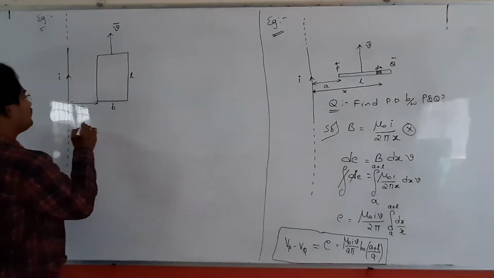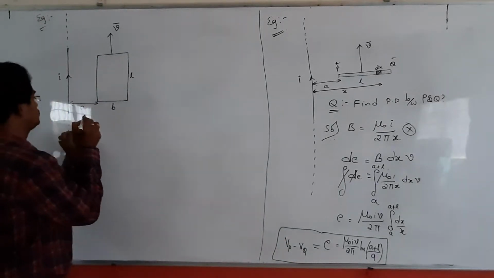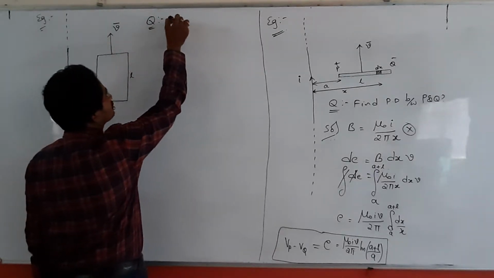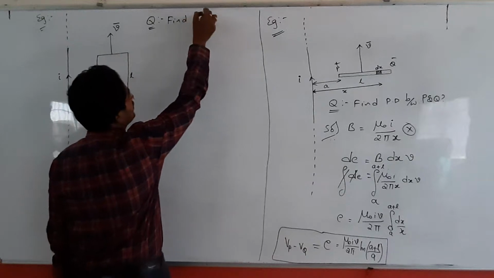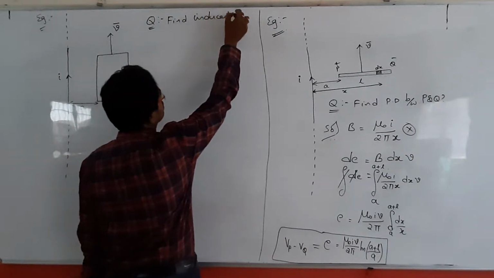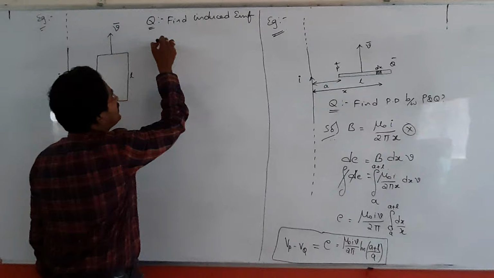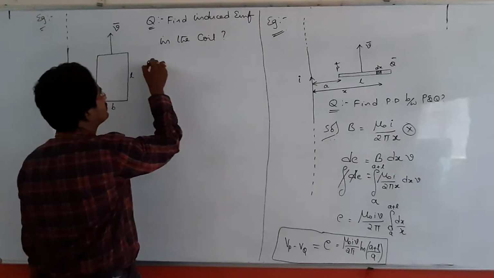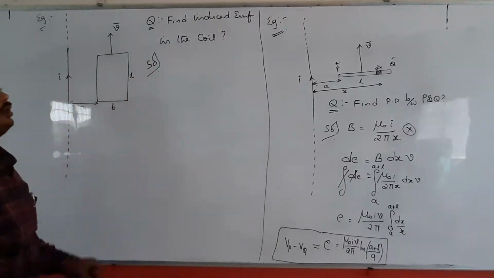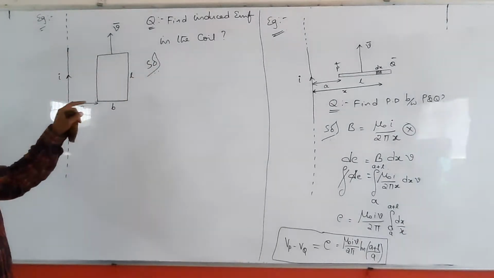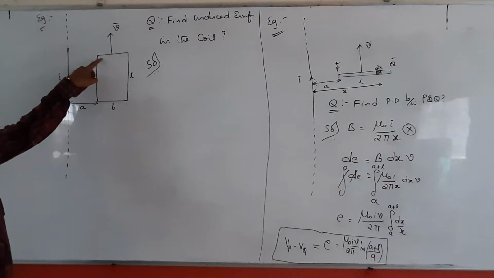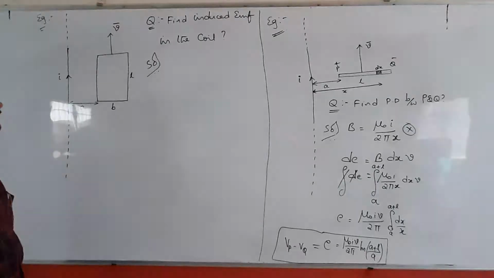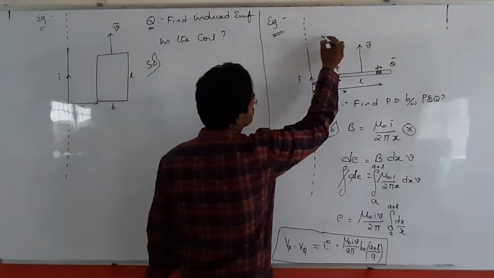So, find the induced EMF in the coil. How to solve it? First of all, the induced EMF we can write from this form.